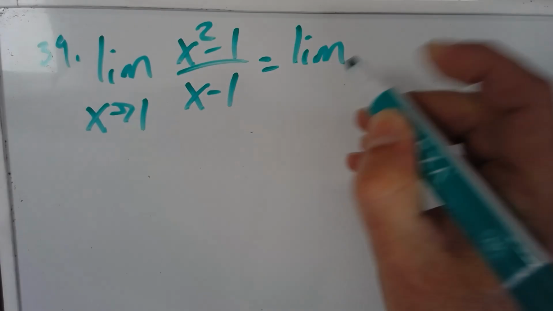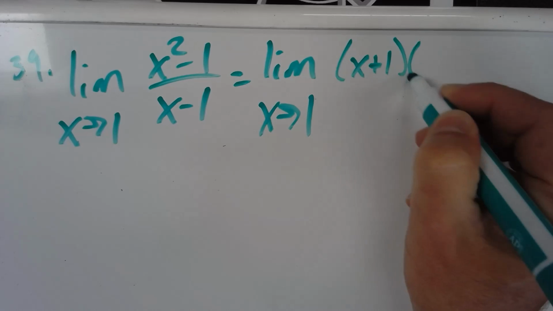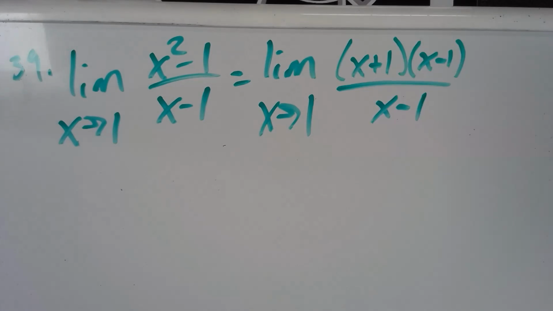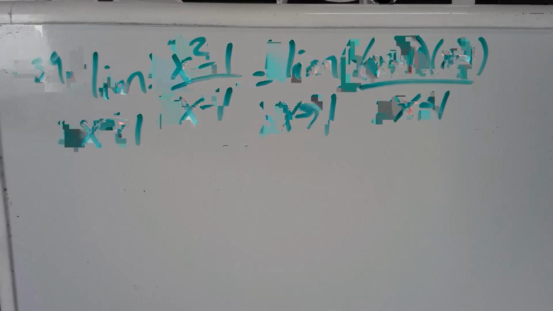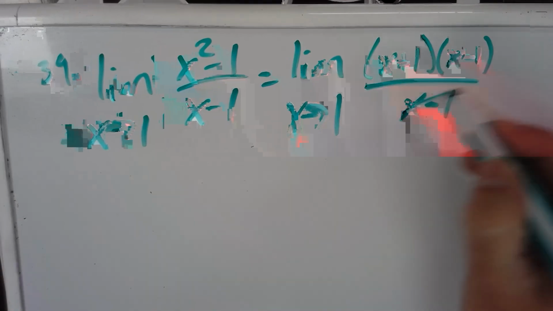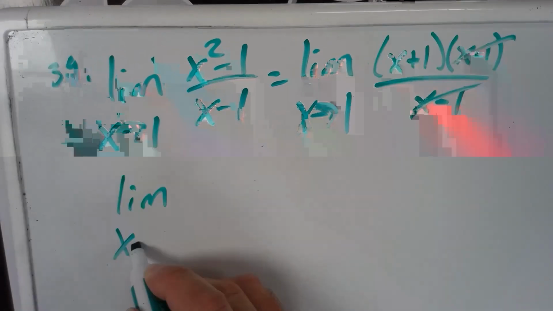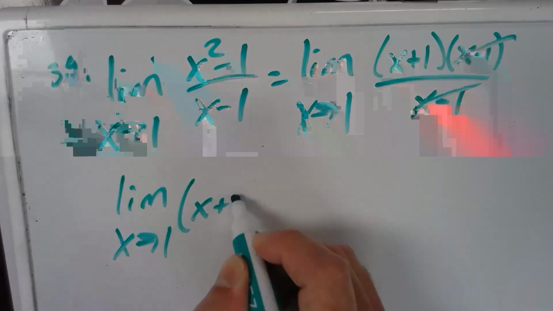Maybe now it's not a big deal, but I do suggest that you rewrite everything and not get carried away, because eventually things will start disappearing, and I don't want you to get confused later on. So there's where the x minus 1s disappear. So now we just have the limit as x approaches 1 of x plus 1. And so now we can say that that's 2.